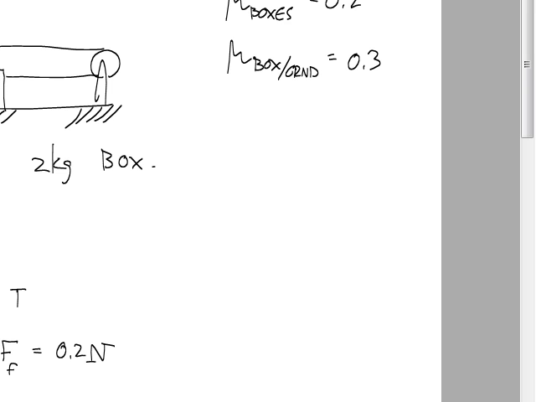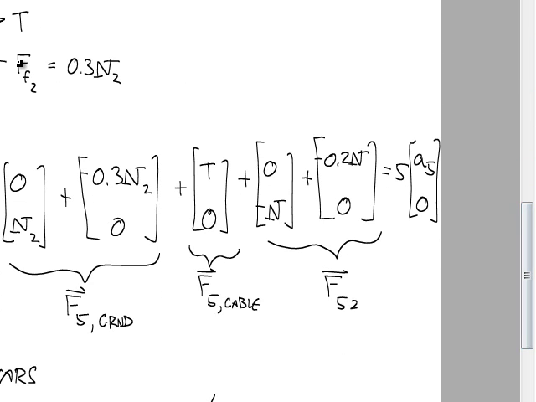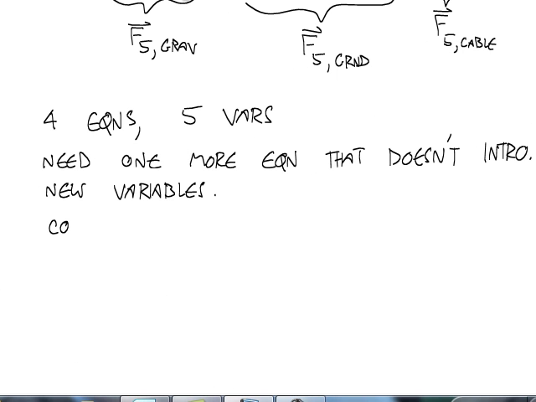Like if the top accelerates to the left, the bottom has to accelerate to the right. And there has to be a relationship between those two, right? So our constraint equation says A2 is equal to negative A5.